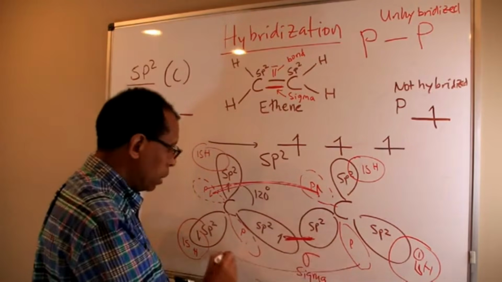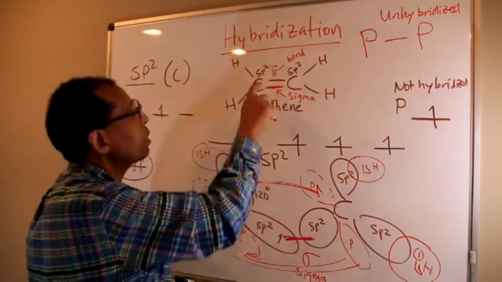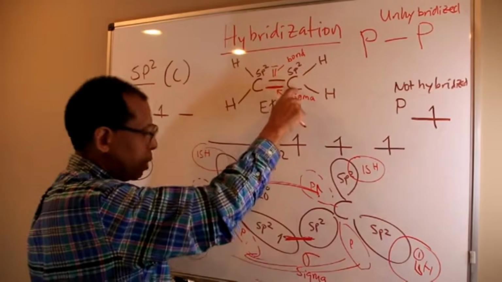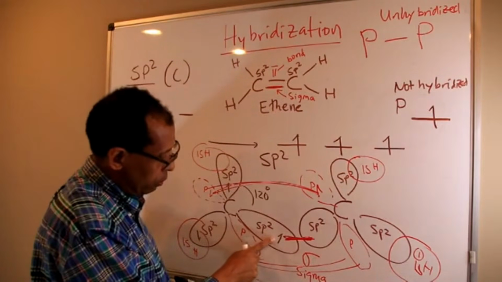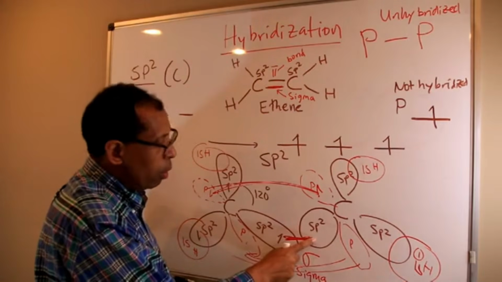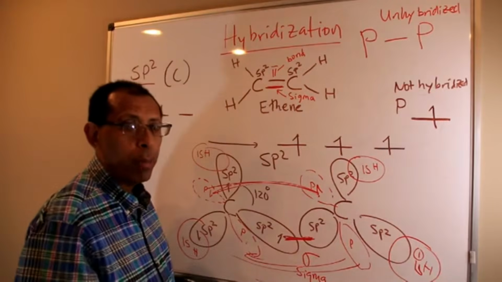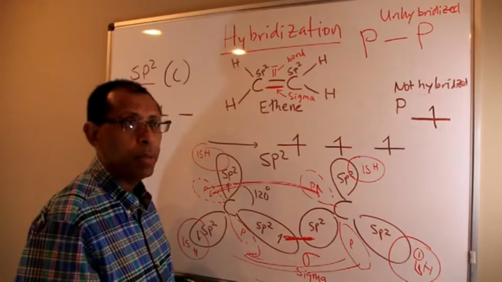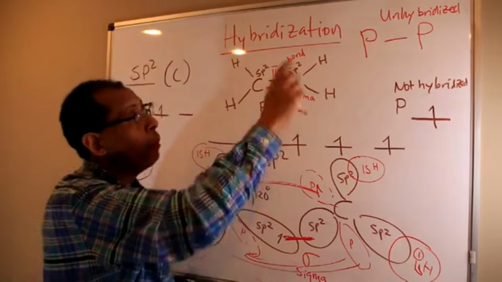But the sigma bond between this carbon and that carbon is made through a sigma type interaction, sp2 sp2. Always remember, hybrid orbitals always make only sigma bonds. Unhybridized p orbitals always make pi bonds.